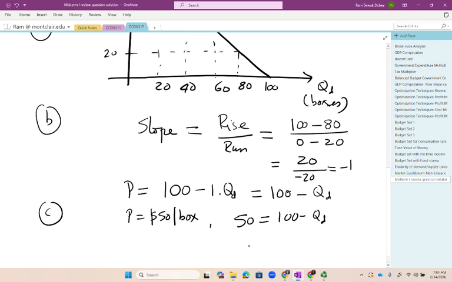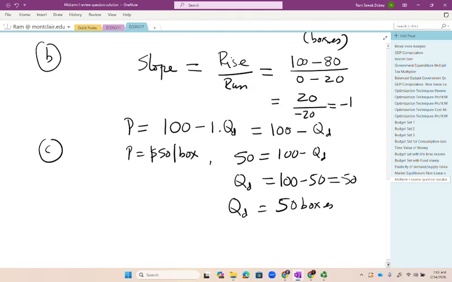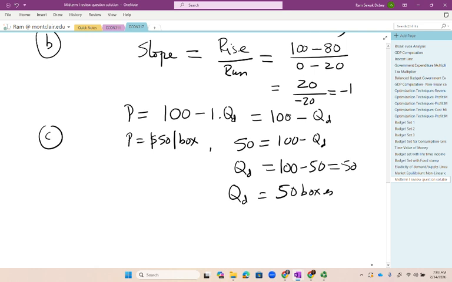I take QD from the right hand side, negative, to the left hand side, where it goes as positive, and I take 50 from the left hand side, positive, to the right hand side, where it will go as negative, and I find QD = 50. So when price is $50 per box, quantity demanded is 50 boxes. That was the first part where we were dealing with the demand side of the market. Now we go to the supply.